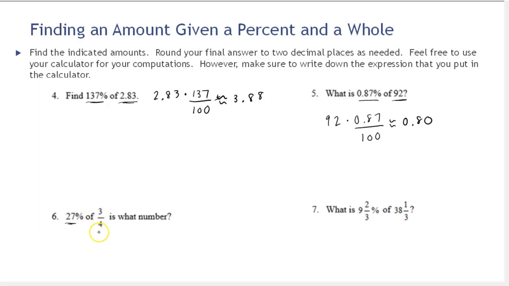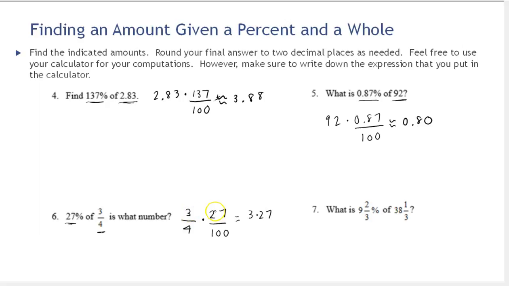27% of 3/4, so 3/4 is our whole, is what number? So I'm going to take 3/4 and multiply by 27 over 100. Okay. So now we have to be a little bit careful when we put this in the calculator.